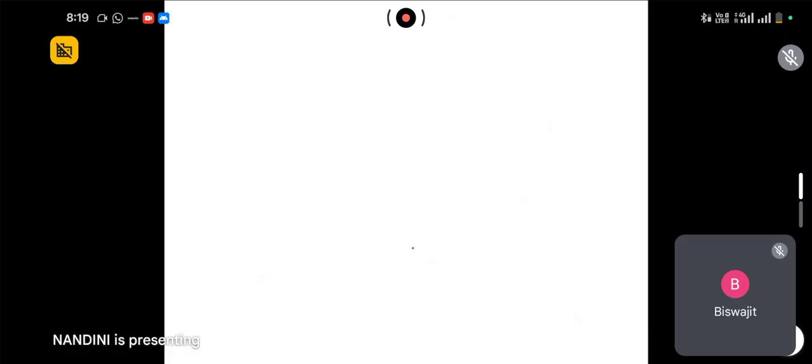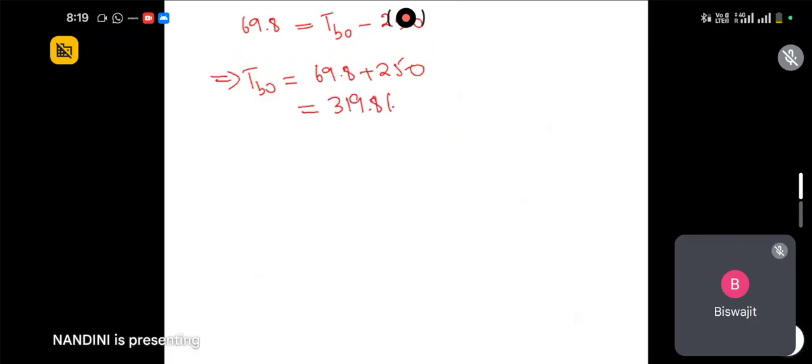It is 69.8, equal to TB0 minus 250, which implies TB0 is equal to 69.8 plus 250, which will be 319.8 Kelvin.